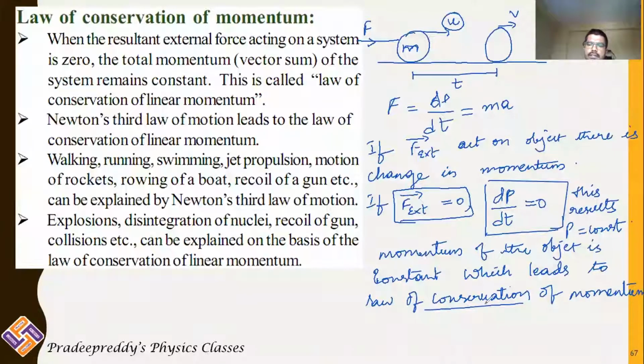So what does the law of conservation of momentum state? The law of conservation of momentum states that when there is no external force acting on the object, then the total momentum of the system will remain constant. This is called the law of conservation of momentum.